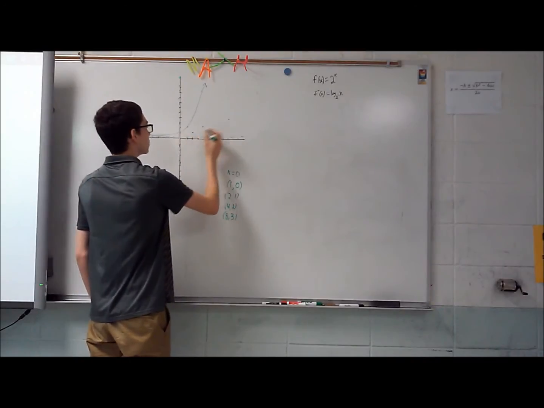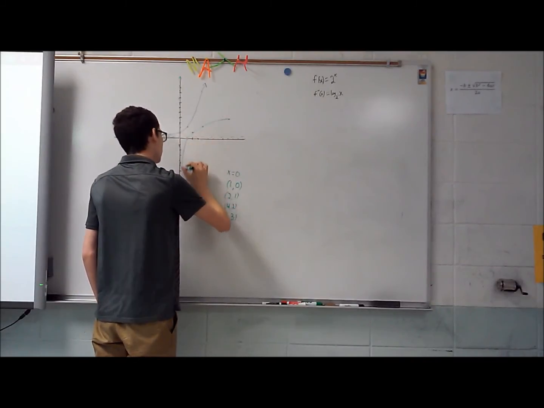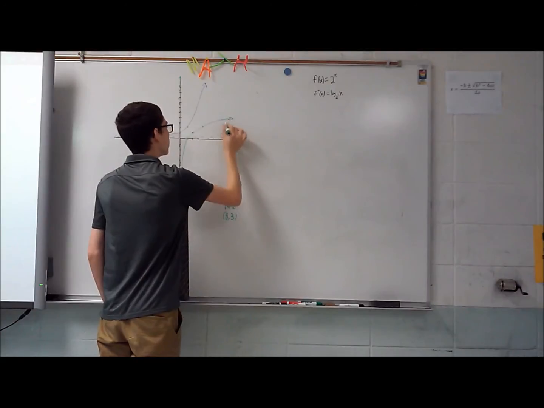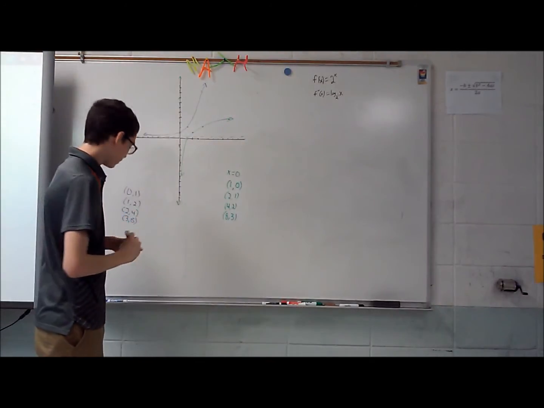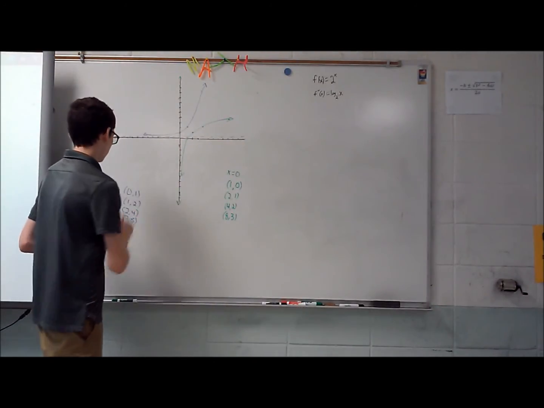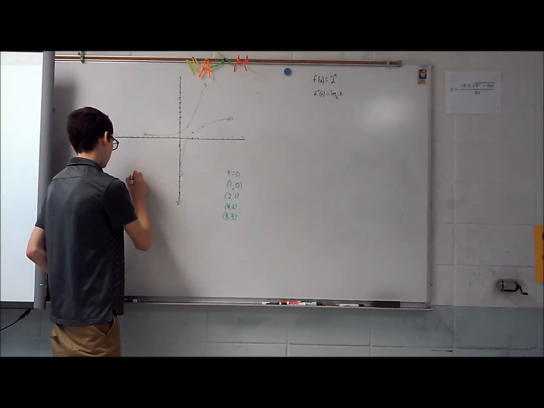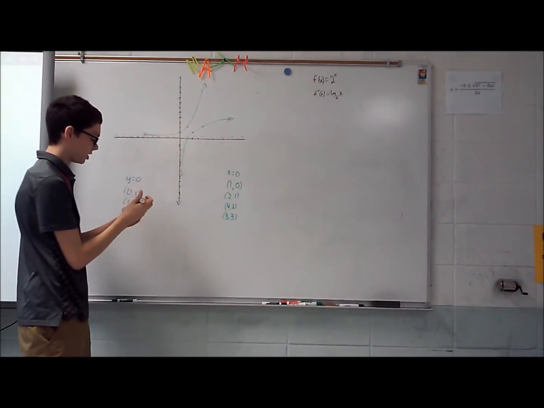That means the function is going to look just like that. Y equals 0 is the graph.